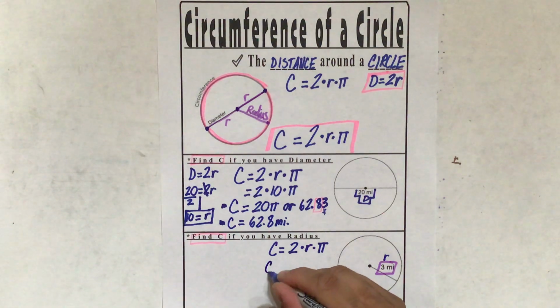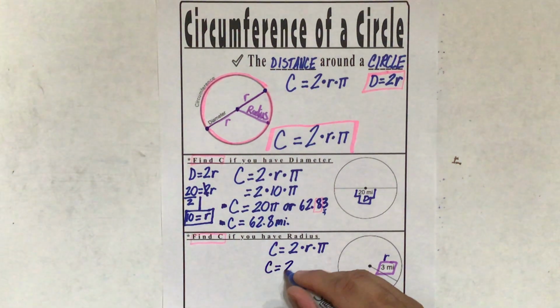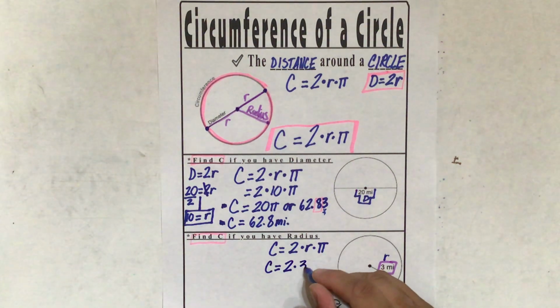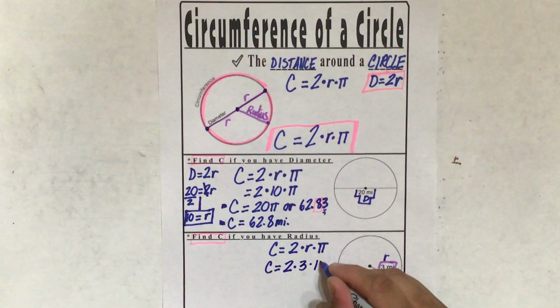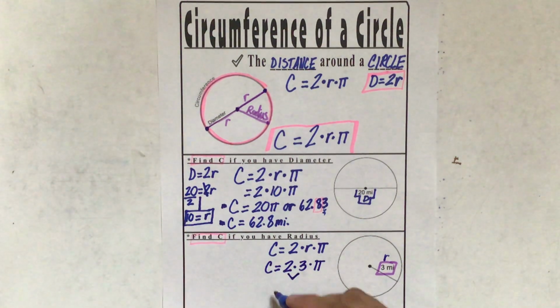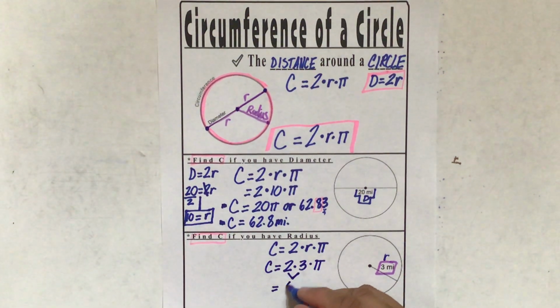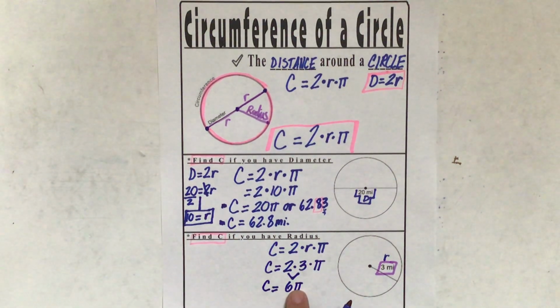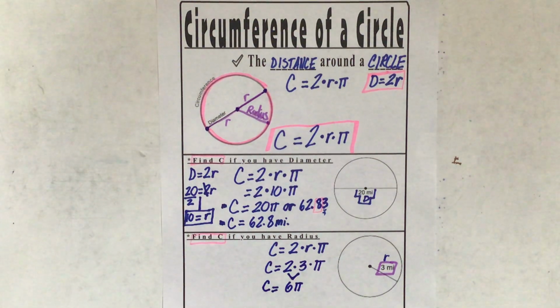So I'm going to say C is equal to 2 times, how much is r? R is 3 times pi. 2 times 3 is 6. So I get 6 pi.